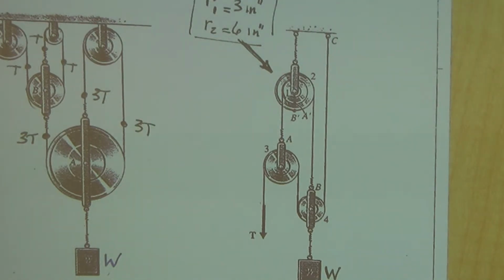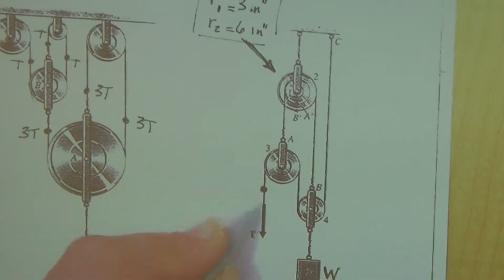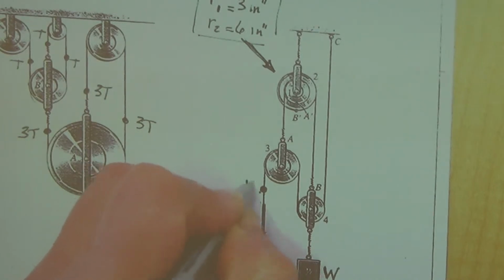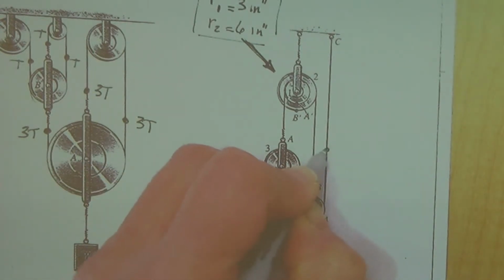Are you guys ready to go over it? Yeah? Okay, let's take a look up here. So, the force in this cable is what? T. The force in this cable is? T. The force in this cable is?